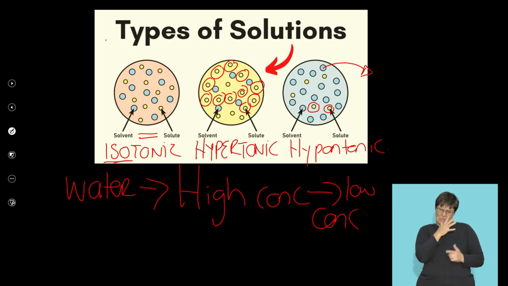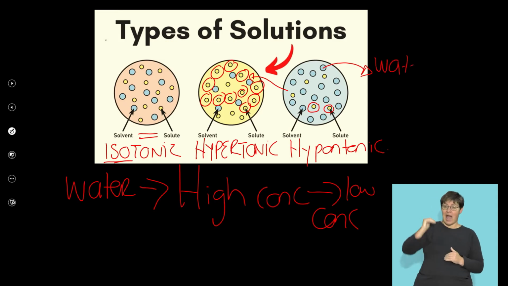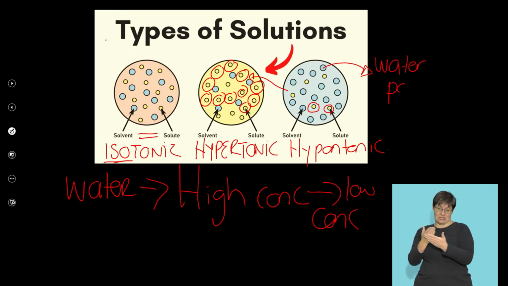Out of the cell. All right? Where will it move to? A cell where there is less water. So a cell with lots and lots of water has what we call a high water potential.